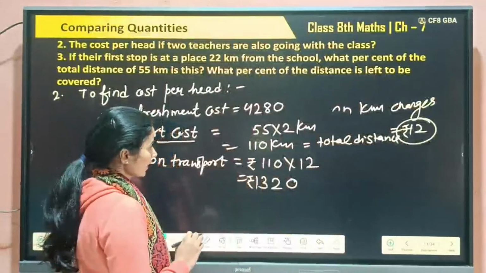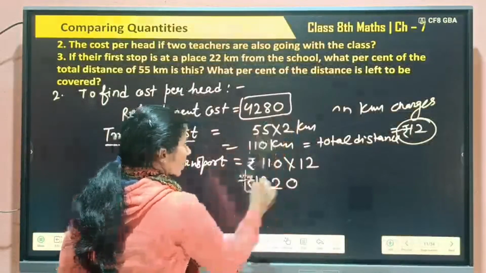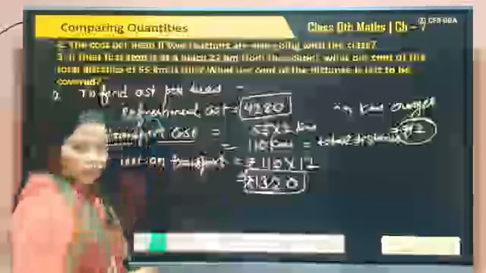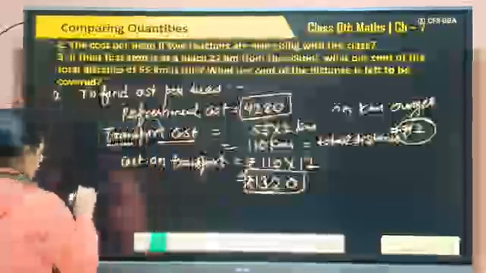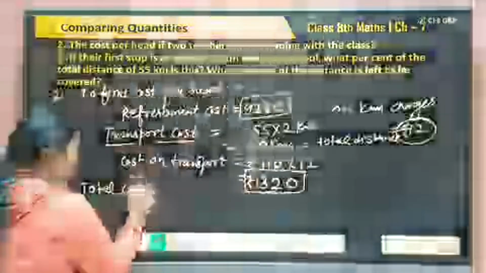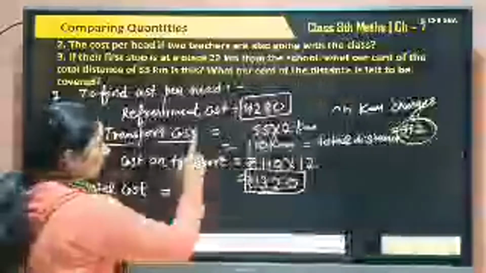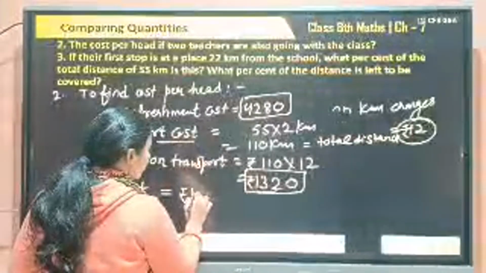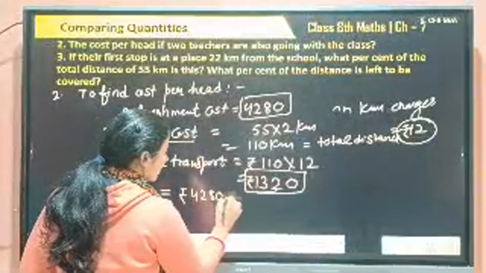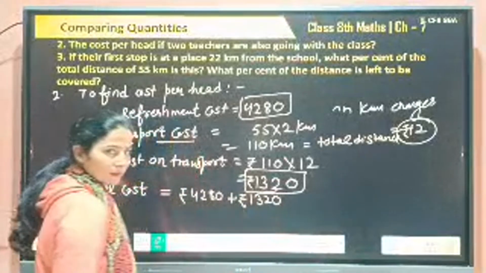This is the total cost of refreshment, and this is the total cost of transport. So I want to find out the total cost, total expenditure. It will be rupees 4280 plus rupees 1320.